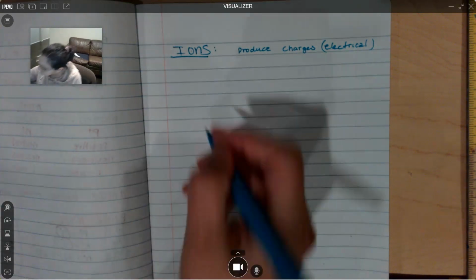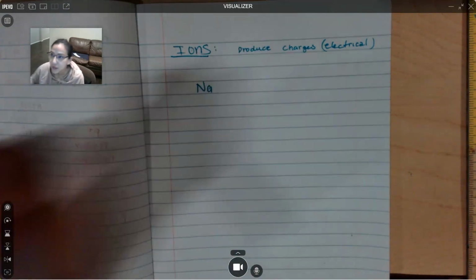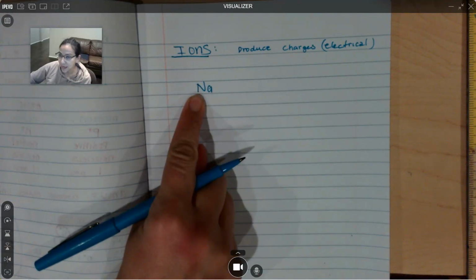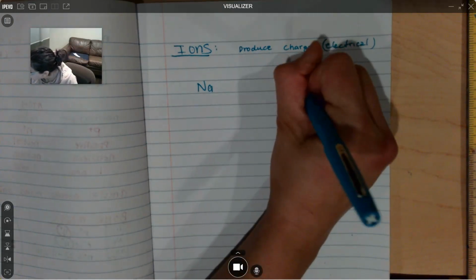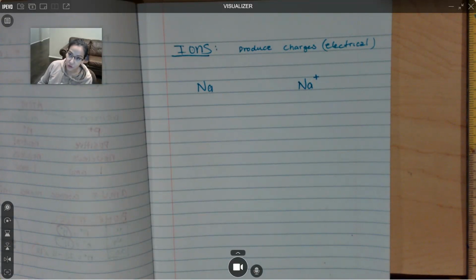Okay, so using sodium as our example, if I write sodium down just like this, Na, and nothing else, then this is considered neutral. But if I write sodium like this, it is no longer neutral. It has a charge to it.